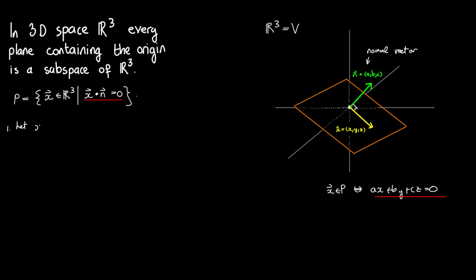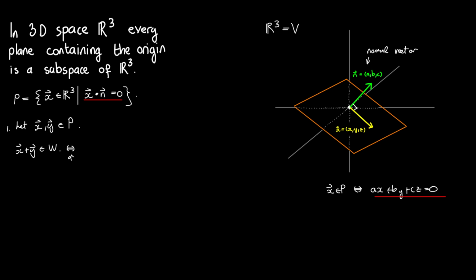So we let x and y be vectors in P. And then let's ask the question if x plus y is in P. Well, x plus y is in P is the same thing. This, by the way, just means equivalence.